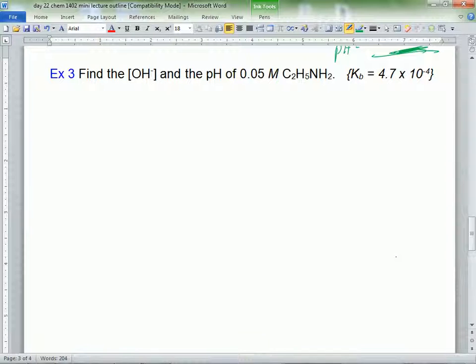So 14 minus pOH is, okay, so then take log, then that's pOH. And then 14 minus, so just really just add 14 to this because it's already negative. And there's your pH.